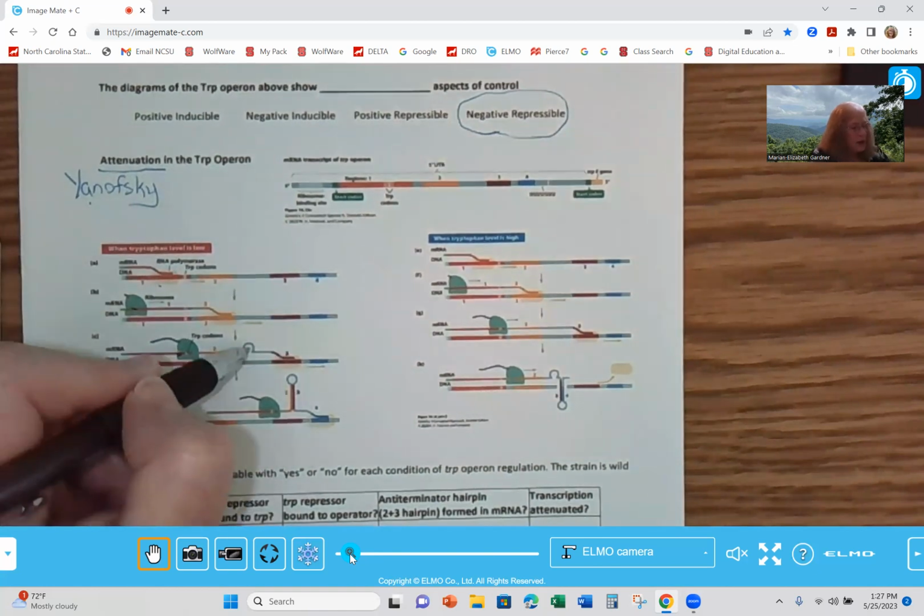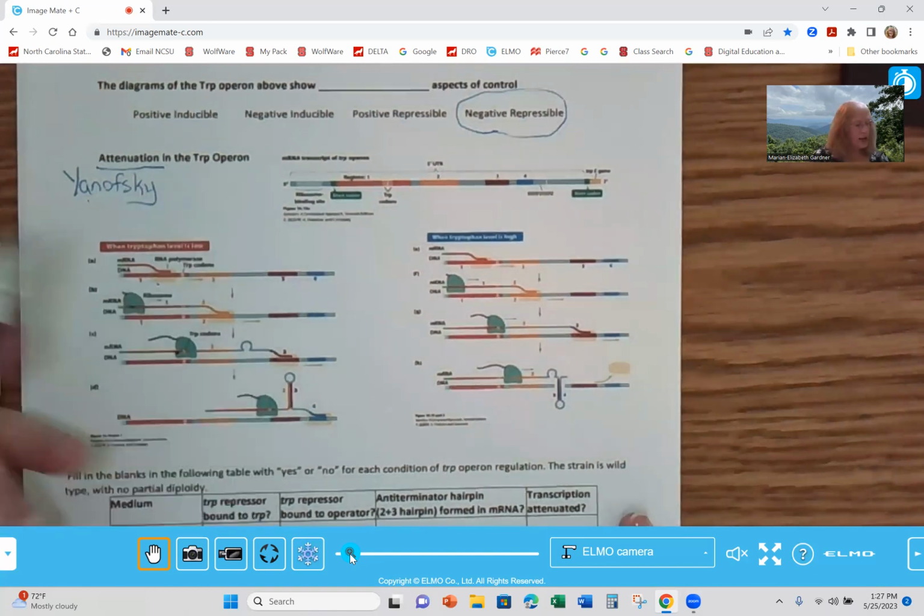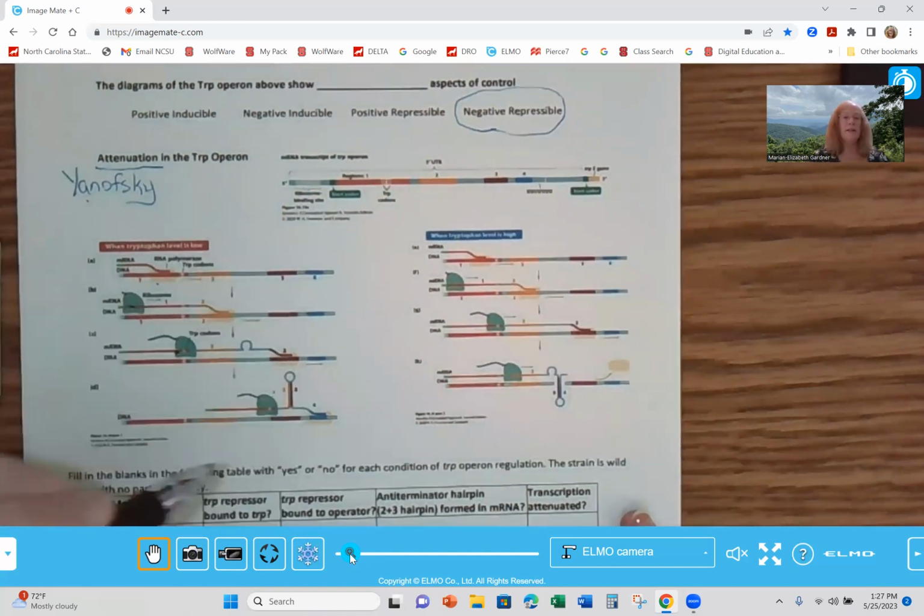And as the messenger RNA is formed, sometimes we can make hairpins in the messenger RNA because bases pair together within that one RNA chain, and this is the hairpin that's formed.